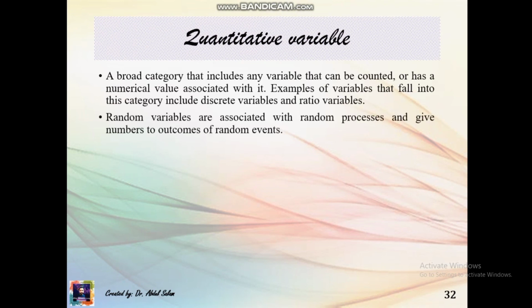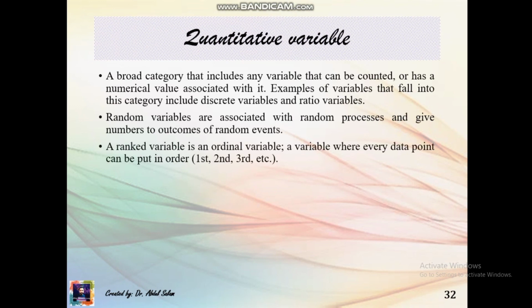Random variables are associated with a random process and give numbers to outcomes of random events. A ranked variable is an ordinal variable, where every data point can be put in order: first, second, third and so on. Ratio variable, similar to interval variables but has a meaningful zero.